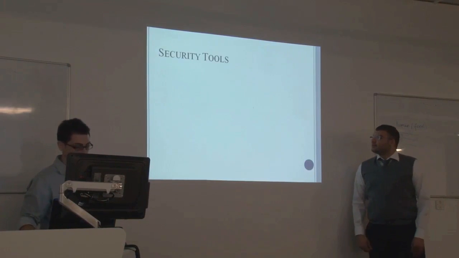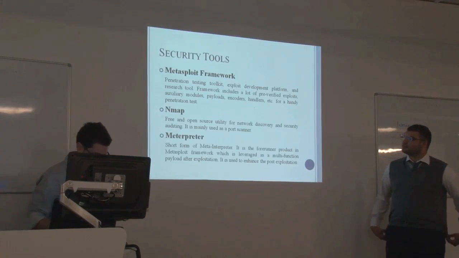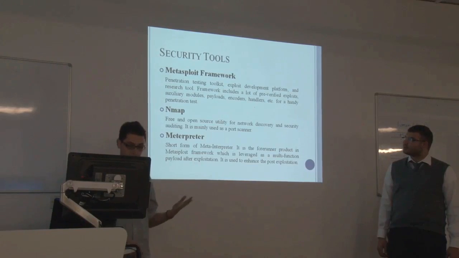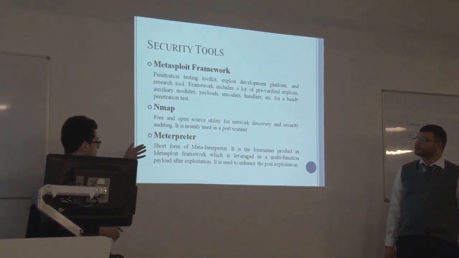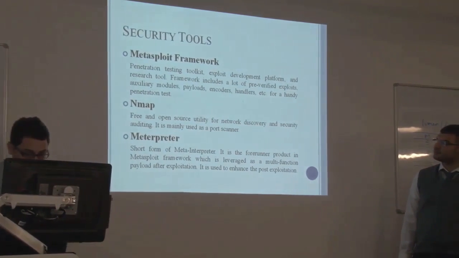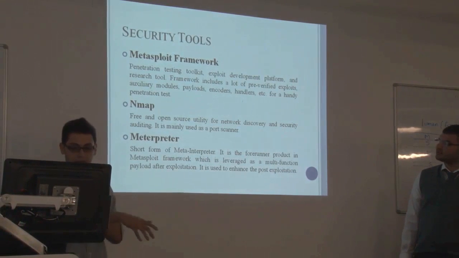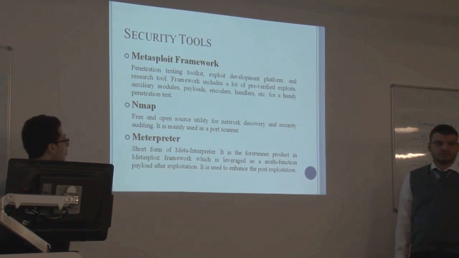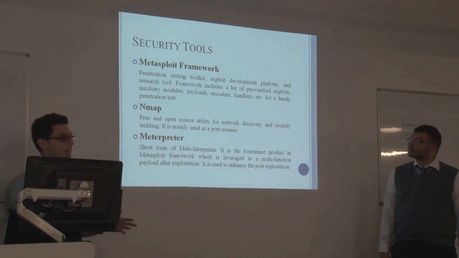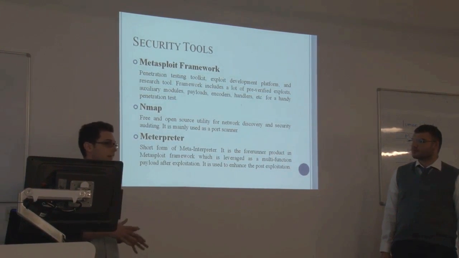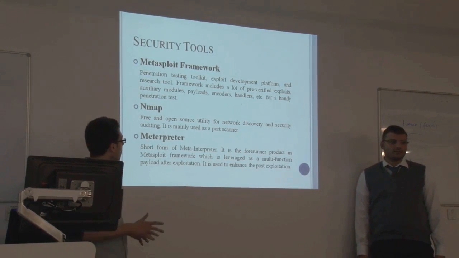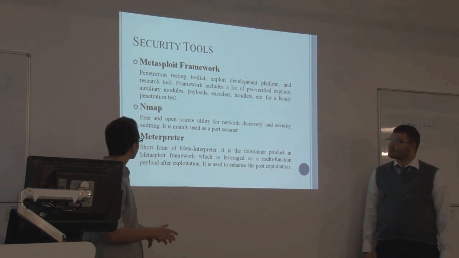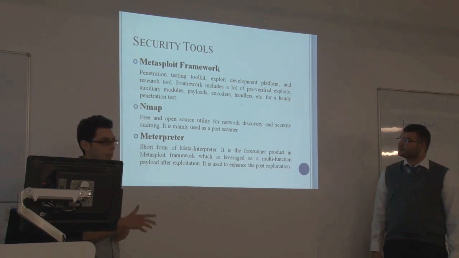For the purpose of our demonstration, we've used three different security tools, mainly focusing on the last one, Meterpreter. The first one is Metasploit framework. It's a very powerful penetration tool that includes lots of exploits, modules, payloads, encoders, handlers, everything that is needed for a very handy penetration test. Now, the second one is Nmap. It's a very well-known security auditing tool.